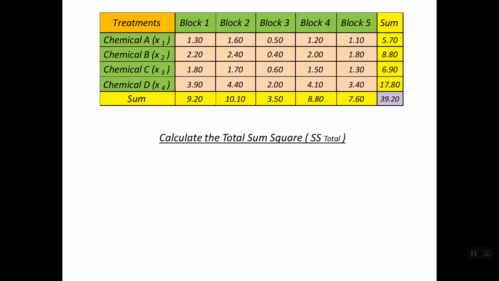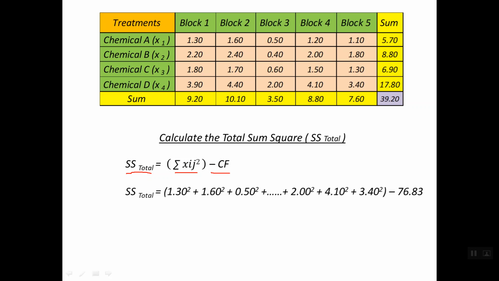Now we can simply calculate the total sum of squares, which is SS total, simply by using this formula. So SS total is equal to the summation of the squares of all the observations minus the correction factor. So this is X11 squared.